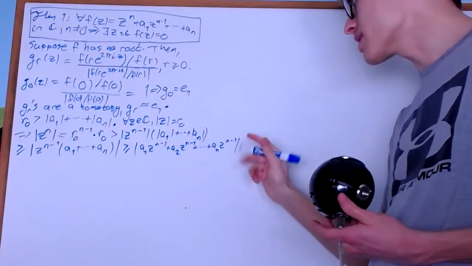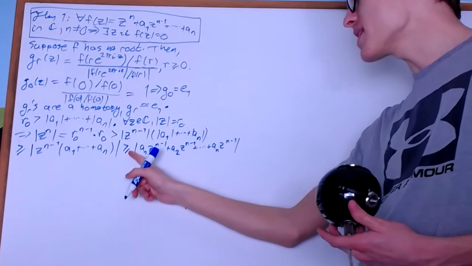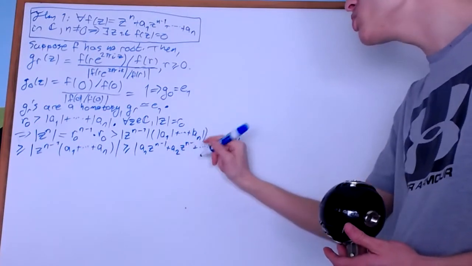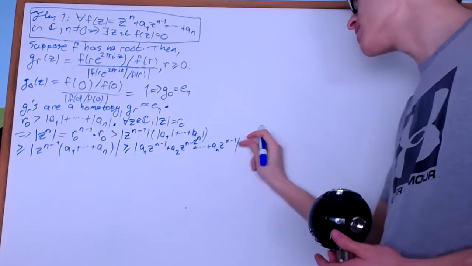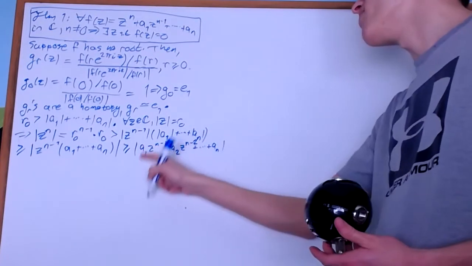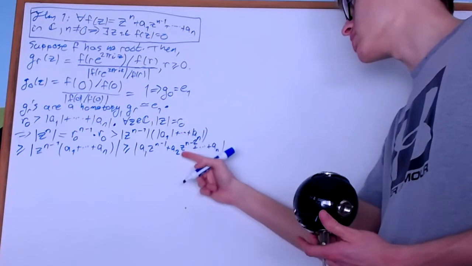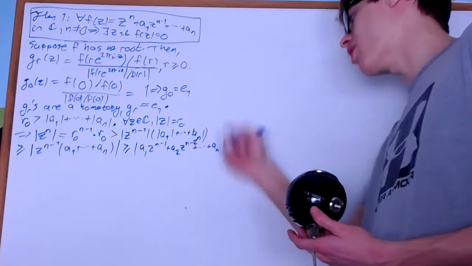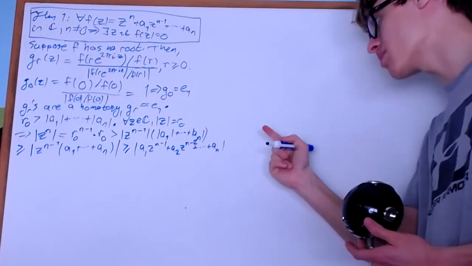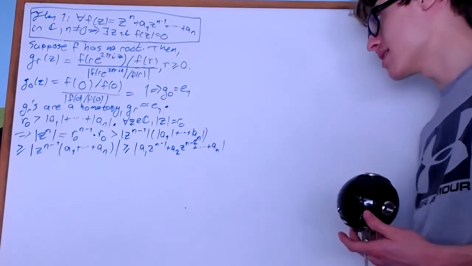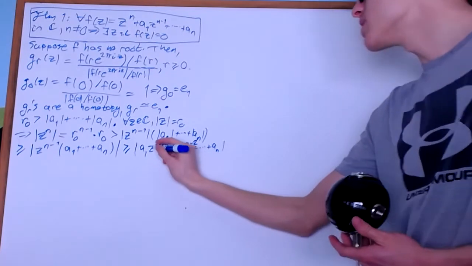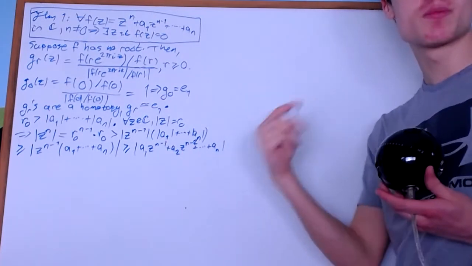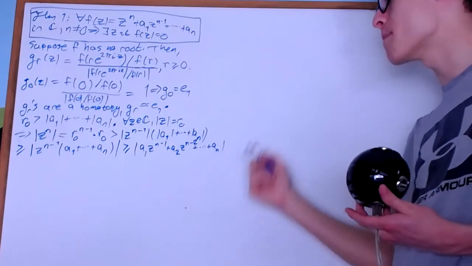And so instead of doing that, to make this less than what we had before, I'm going to reduce the power on each of these until we get the sum of a1 z to the n minus 1 plus a2 times z to the n minus 2 plus a3 times z to the n minus 3 all the way up until an times z to the 0, which is the same as an. And the reason I can do that is because when I reduce the power of z, it becomes a smaller value. It has a smaller magnitude.